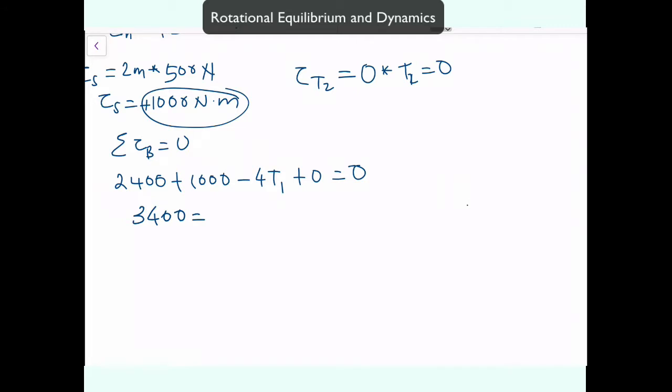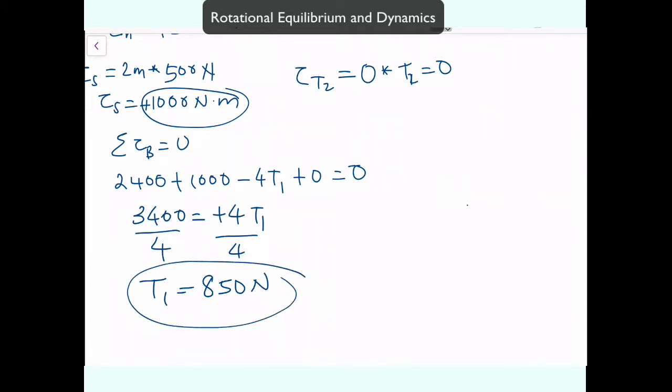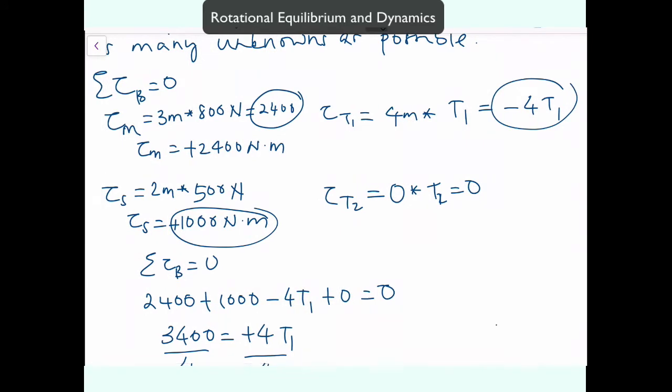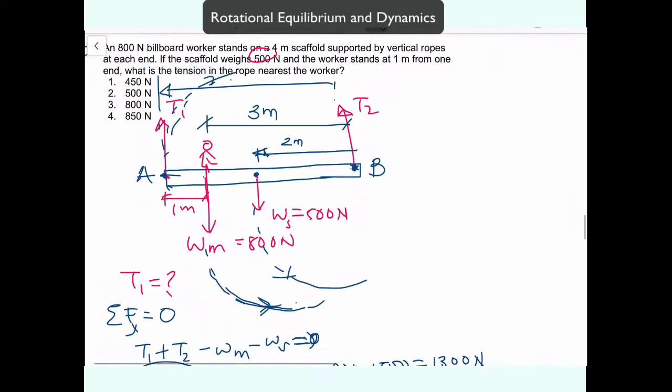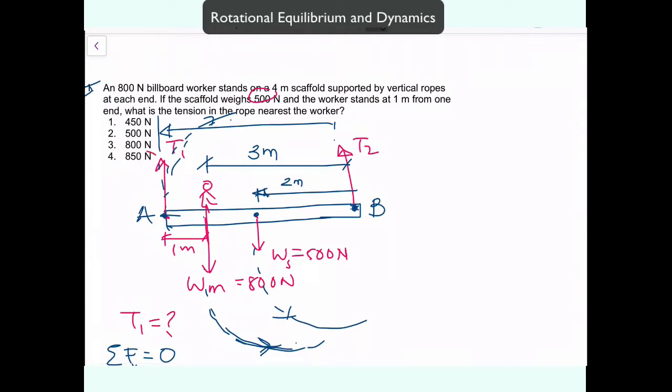I'll take the term that contains T1 to the other side, and automatically it will be a plus. Divide both sides by 4 to find the value of T1. If you simplify this, T1 is going to be 850 Newton. If there is a multiple choice answer of 850, then go for it.